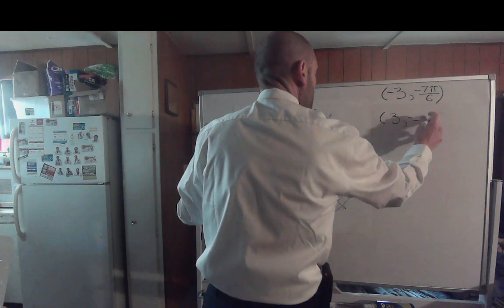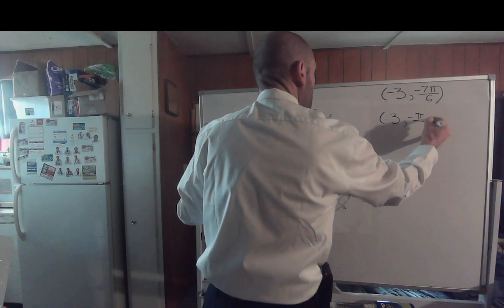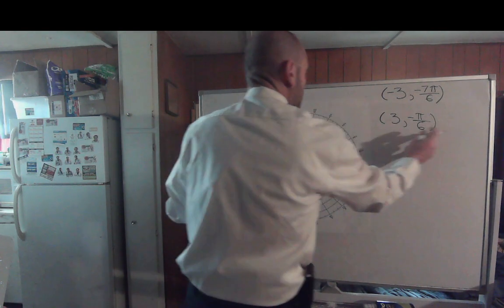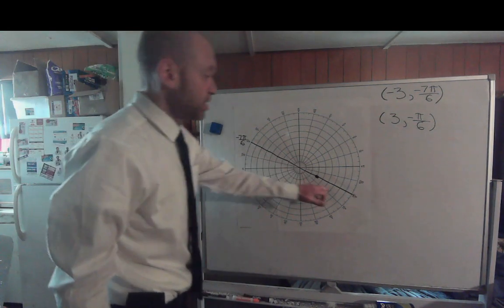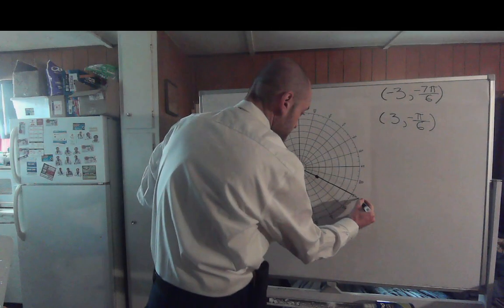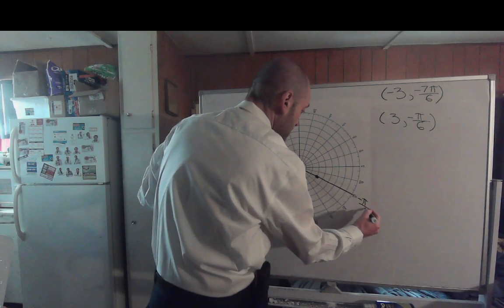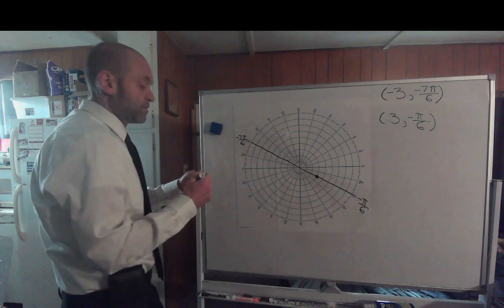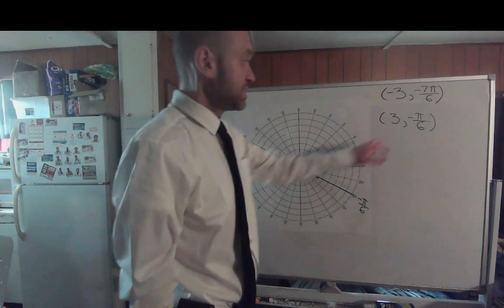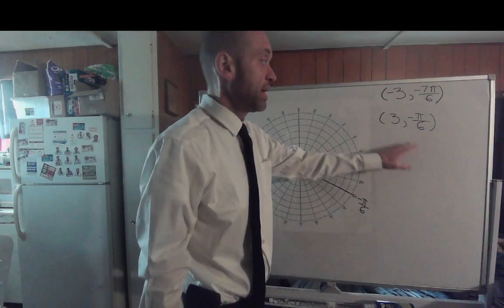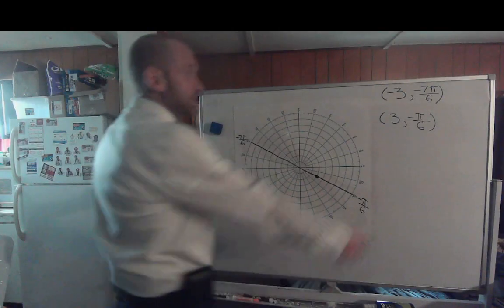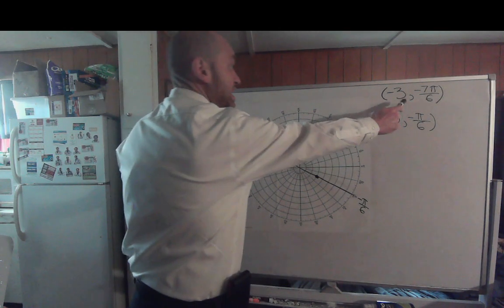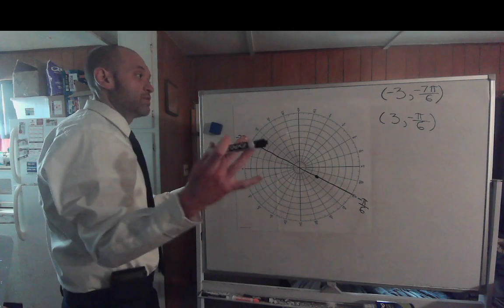You've got to add pi. I don't know why I was subtracting, but you end up here along -π/6. So here's your -π/6. The positive r version of that is (3, -π/6) when you add pi. That's the exact same thing as the original, (-3, -7π/6).